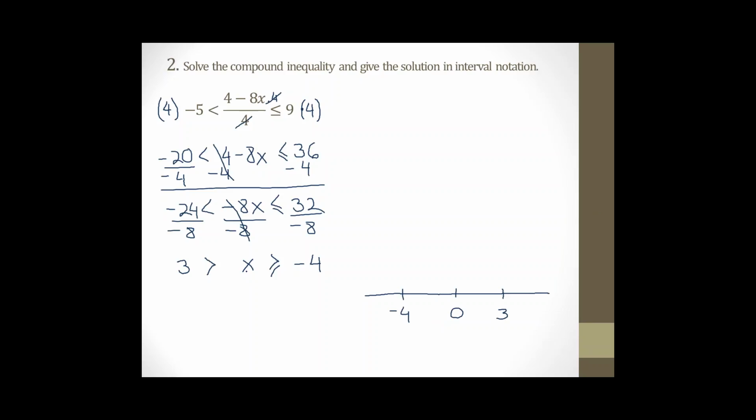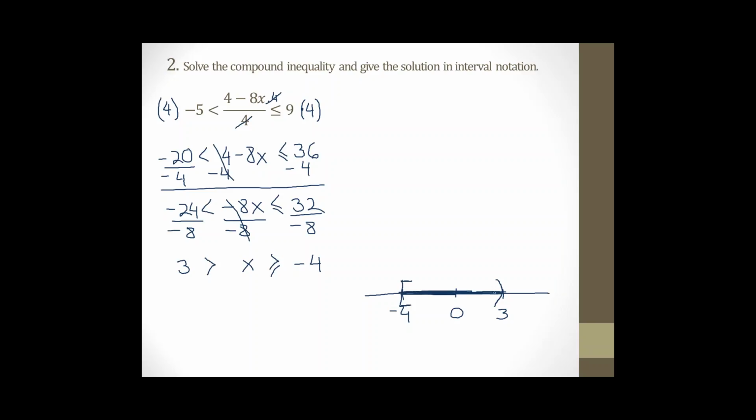That makes more sense to me, but however you deal with graphing inequalities is fine as long as you're getting the right answer. So I'm saying x is less than 3, which means the numbers to the left. So I get a parenthesis. Remember, I don't have that equal bar under the inequality sign, and less than would be shaded to the left side. And then again, x is greater than or equal to -4, so now I need a bracket because I have that equal bar on the inequality symbol, and the numbers that are greater than -4 would be to the right.